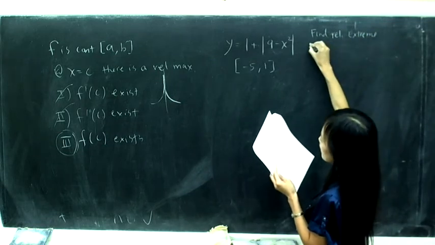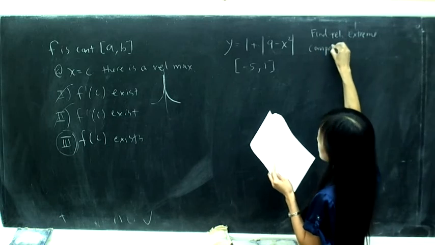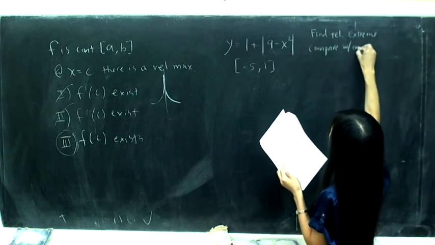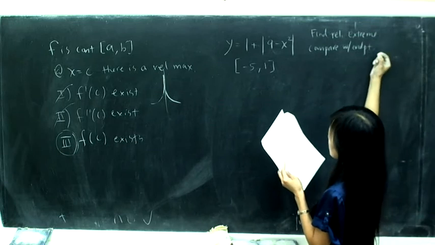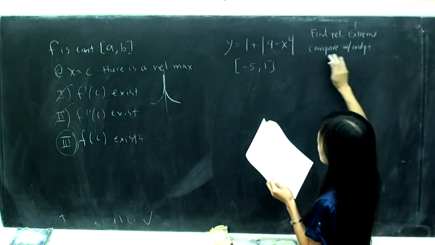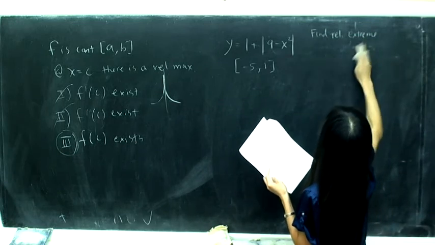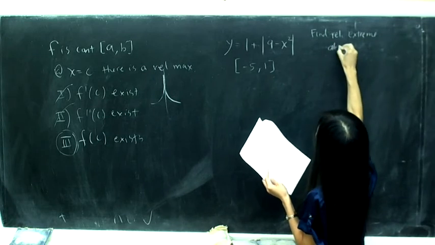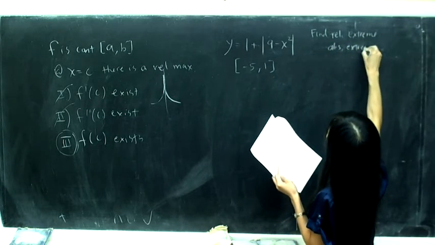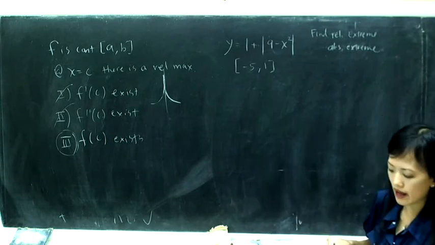And then we want to compare with the endpoints to get the absolute. So find the relative extremes and absolute extremes.